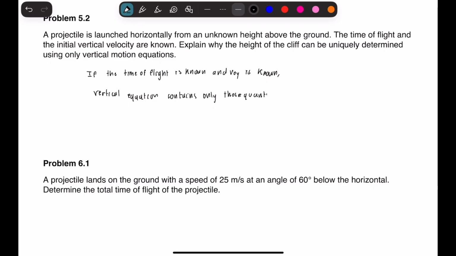So you can use a kinematics equation that involves all these quantities to define the height.